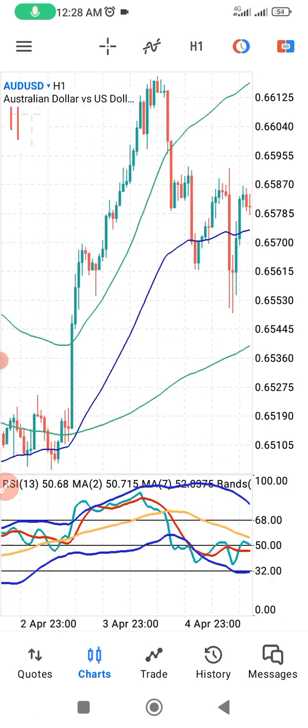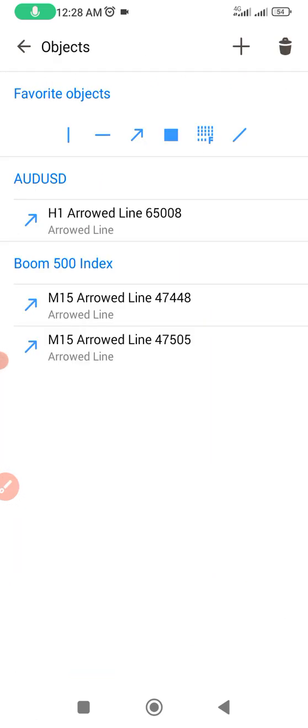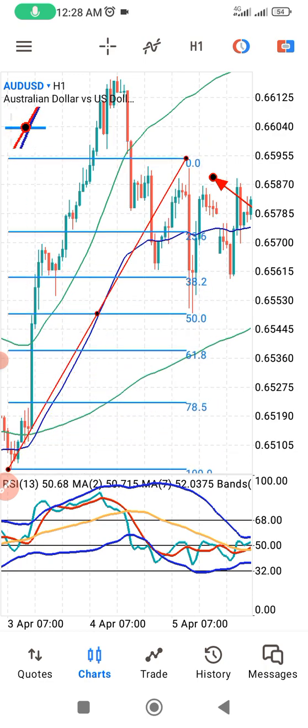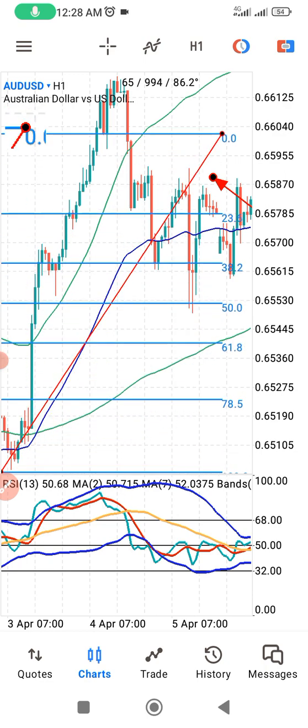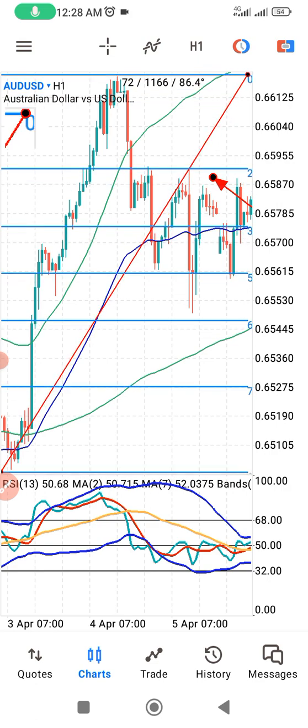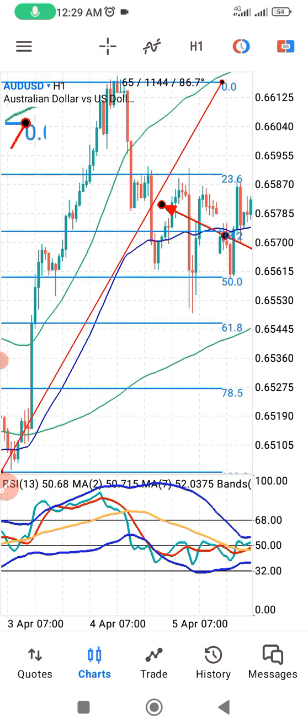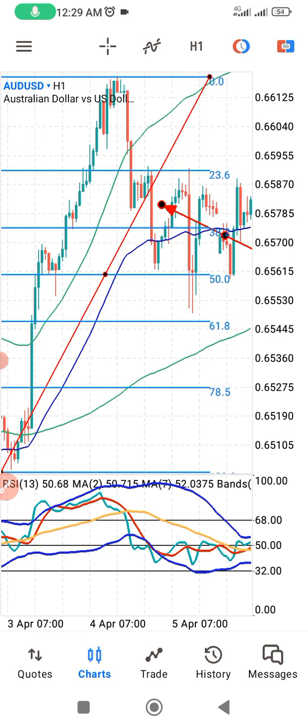How do we establish our pullback? We use our Fibonacci level from the previous high. Anytime the price pulls back and a candle closes below the 23.6 level of the Fibonacci, it is a pullback.